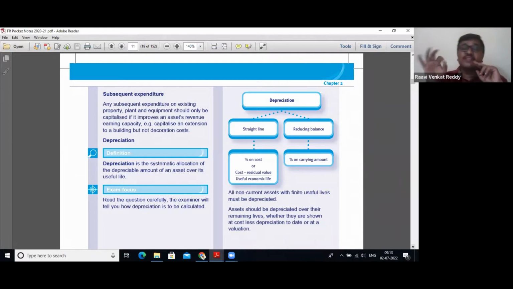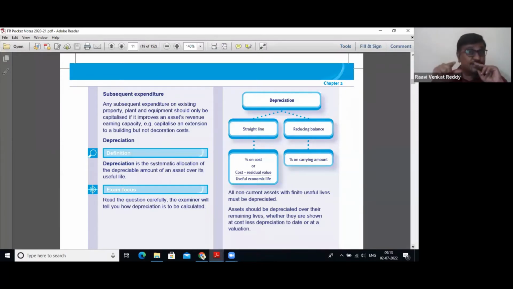Any subsequent expenditure on existing property, plant and equipment should be capitalized only when that particular expenditure improves the economic generating capacity of the asset. Very, very important point.